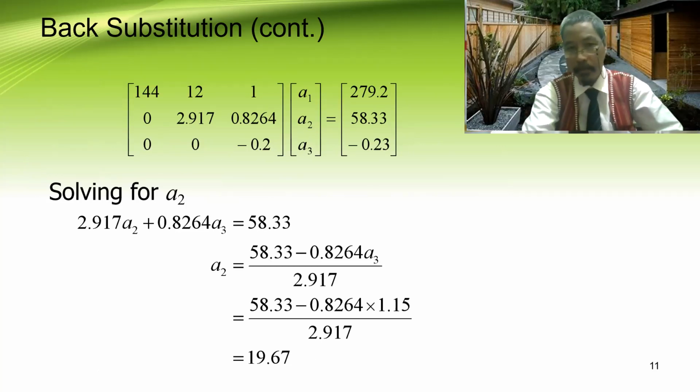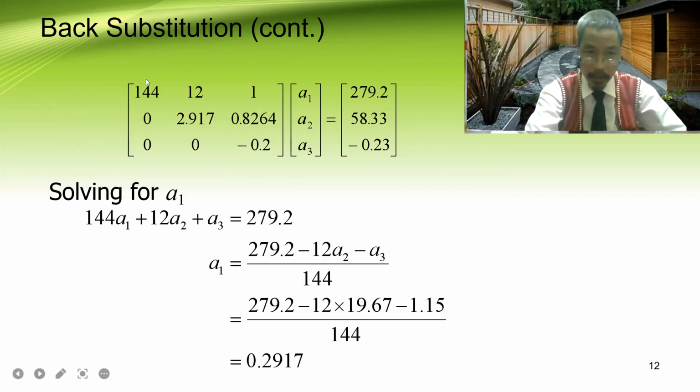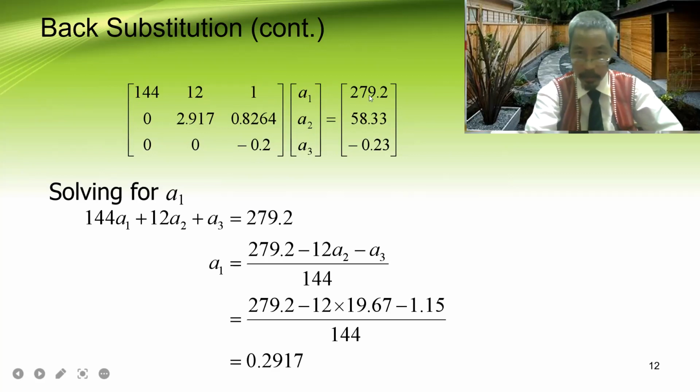Then lastly, since we already know two values, A2 and A3, we can solve for A1. Solving for A1, this is 144 A1 plus 12 A2 plus A3 is equal to 279.2. This is our last remaining equation for the back substitution. So transfer these two to the other side because we already know those values A2 and A3.